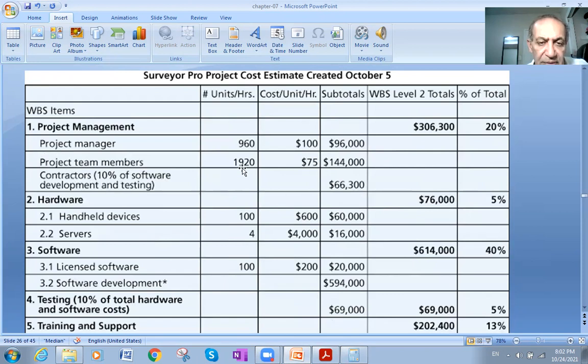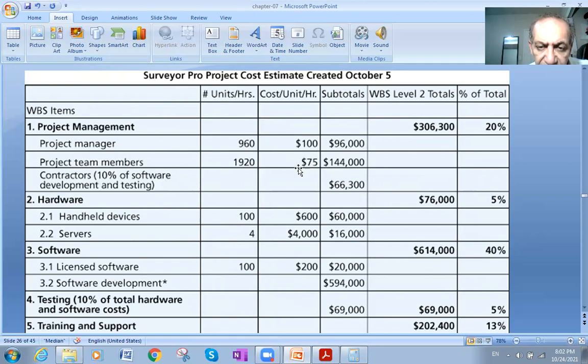The project manager's hours per unit are 960, and the cost per hour is $100. So he takes 96,000. Okay. The project team members work for 1,920 hours. The hourly rate is $75.